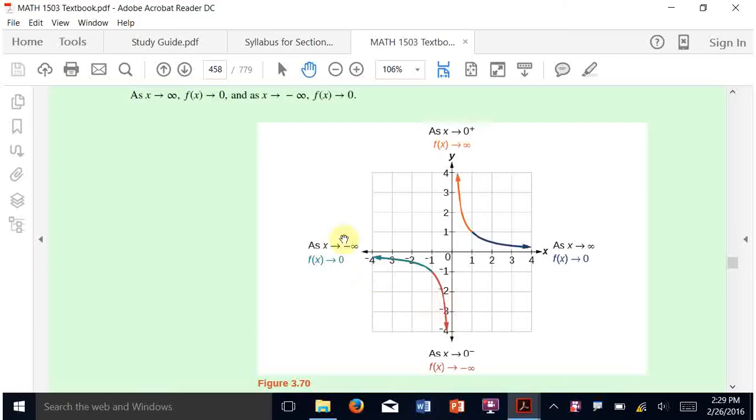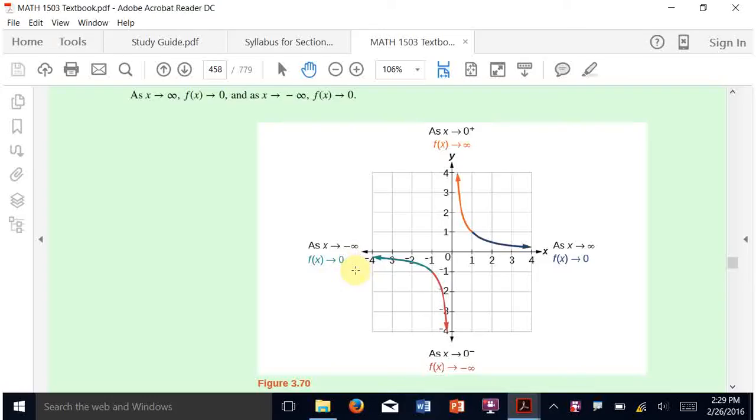And for horizontal asymptotes, you're interested in what happens to your graph as x approaches negative infinity and as x approaches infinity. That will determine the horizontal asymptote.